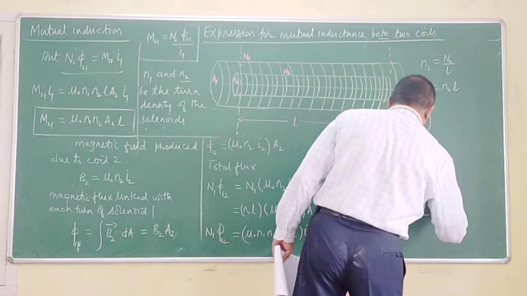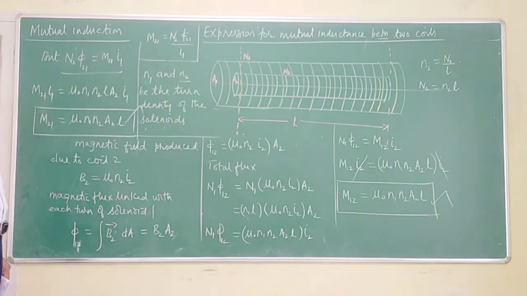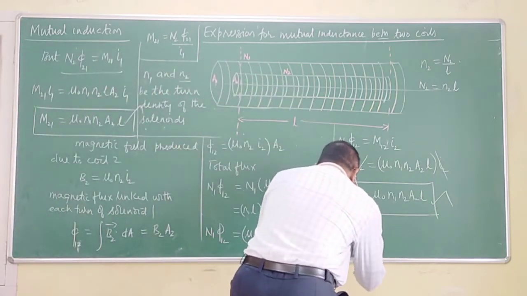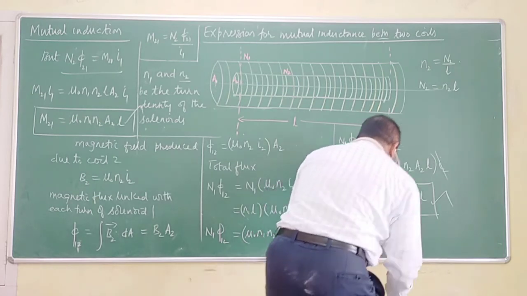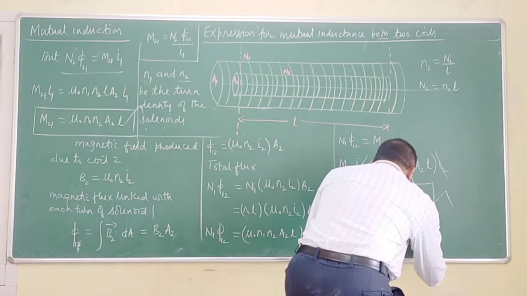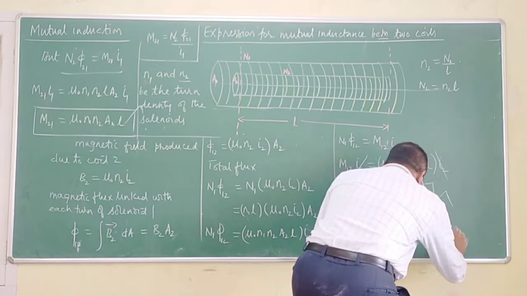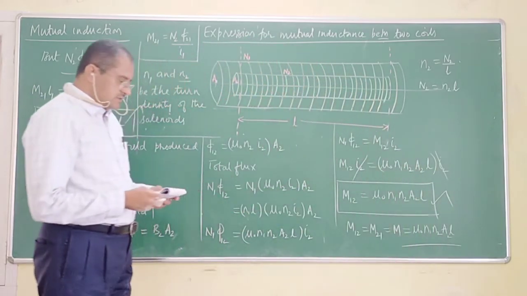Let us compare this expression with that. If you compare this expression with that, we can conclude M12 is equal to M21 is equal to M is equal to mu naught n1 n2 A2 L. Is that okay to you, sir?